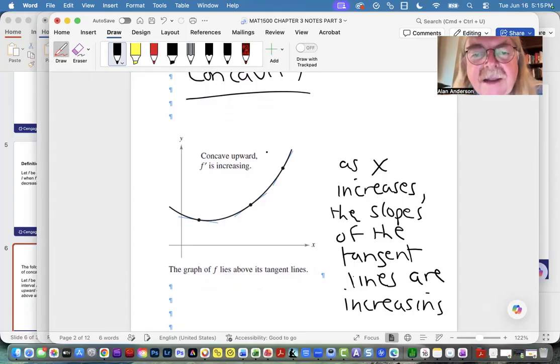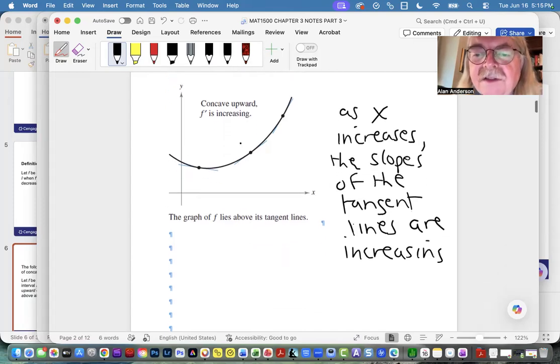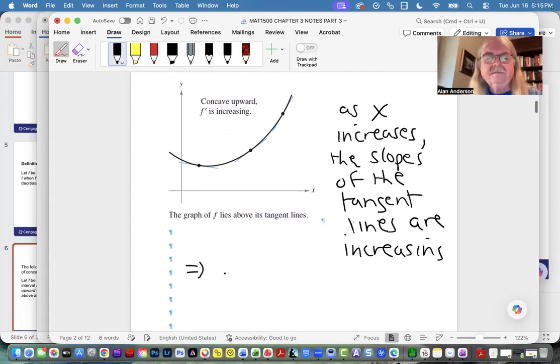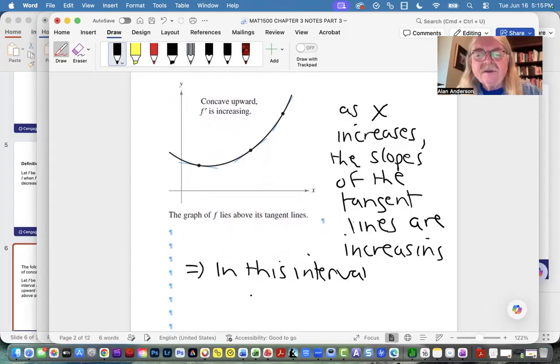Now, we don't know what's going to happen outside of this interval, but as far as we can see here, as x increases, the slope of the curve increases. And that means that in this interval, the second derivative is positive.